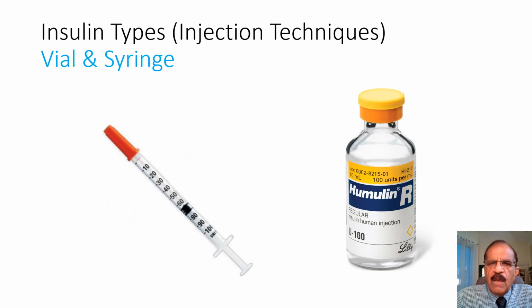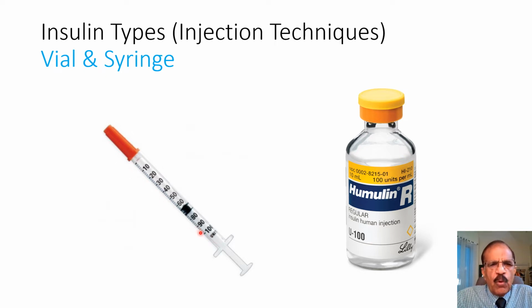Now, insulin comes in various forms, and this one is a traditional vial, which contains 1000 international units of insulin, and this is called U100 because 1 cc has 100 units. And this is the syringe which is specially designed for insulin administration, and all these numbers indicate insulin units.